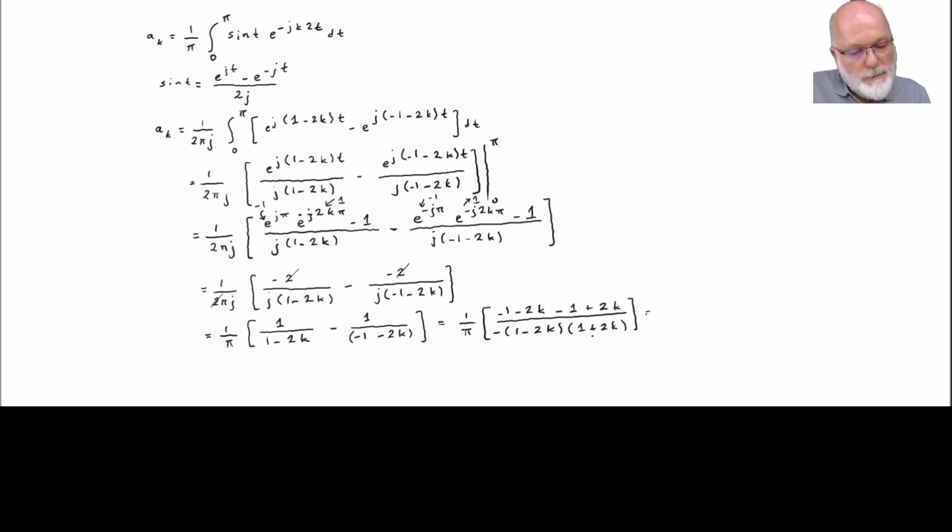Now these terms will cancel out, we have minus 2 in the numerator, so we will have 2 over pi times 1 over (1 minus 4k squared).